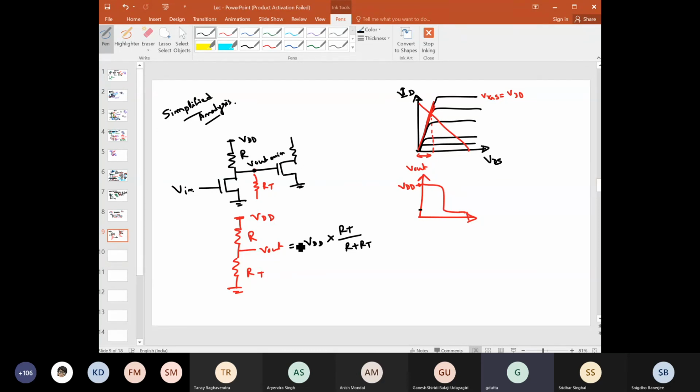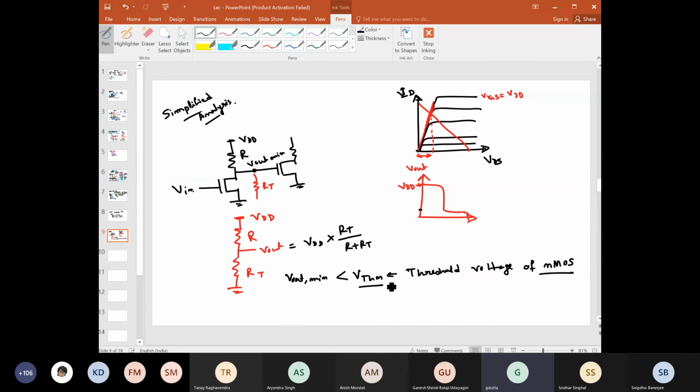So from that point of view, what we can say is that this V out minimum should be less than the threshold voltage of this NMOS. So see the notation, we are using VTHN, this is the threshold voltage of NMOS. Okay, remember that.